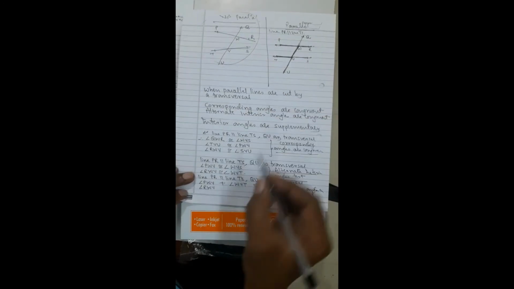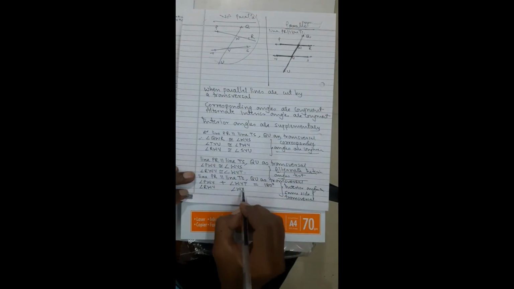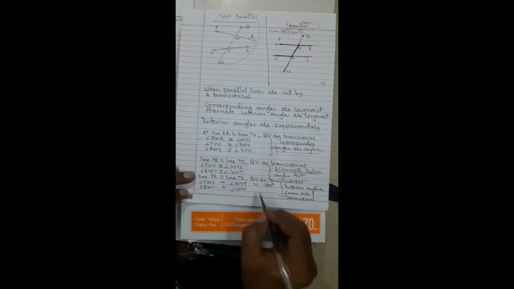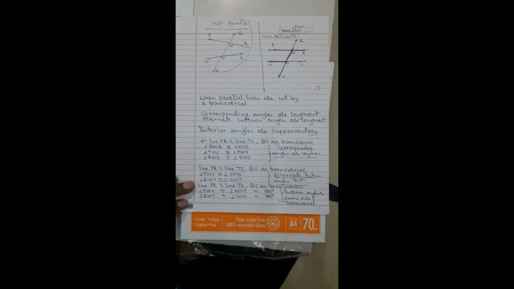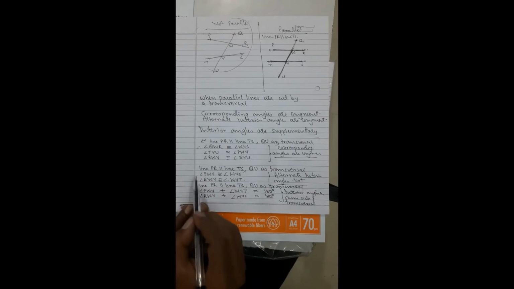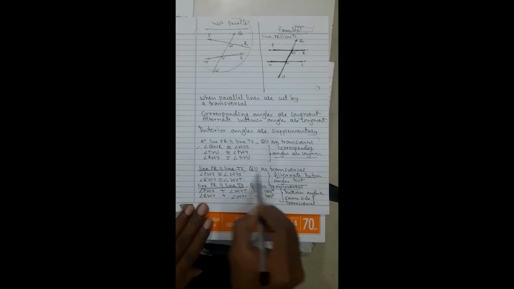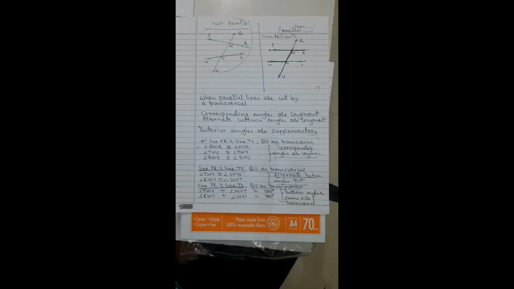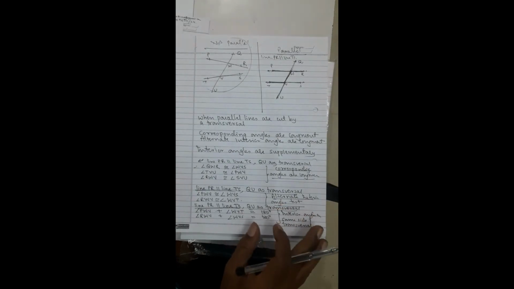Angle WVS. If we add these two angles, the addition will be 180 degrees. Remember, this is possible only when the two lines are parallel and then the transversal is formed.